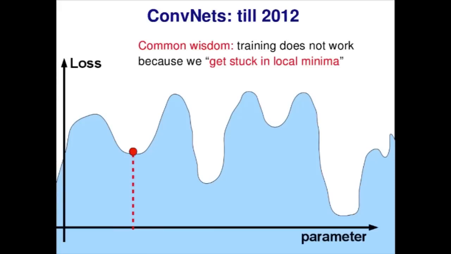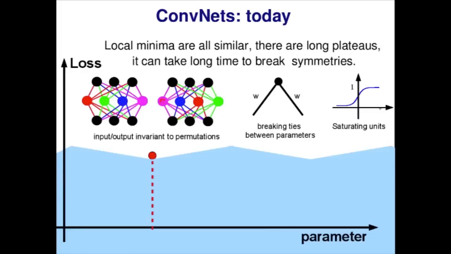But the work that is done in the speech recognition community and recently also on convolutional nets shows that whether you initialize the parameters with unsupervised learning or whether you initialize at random, it really doesn't matter if you have a lot of data. So this suggests that it's not really an optimization issue. Actually, there are many, many local minima, of course, but they are qualitatively all the same.